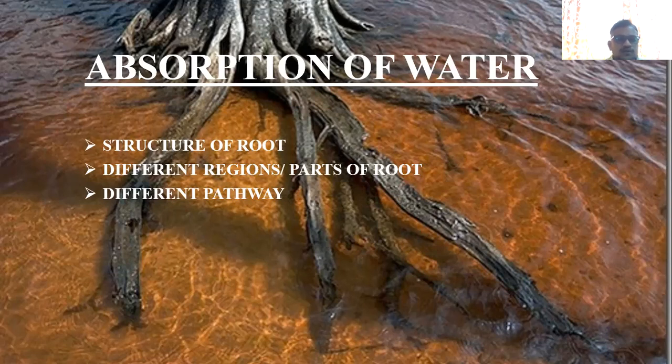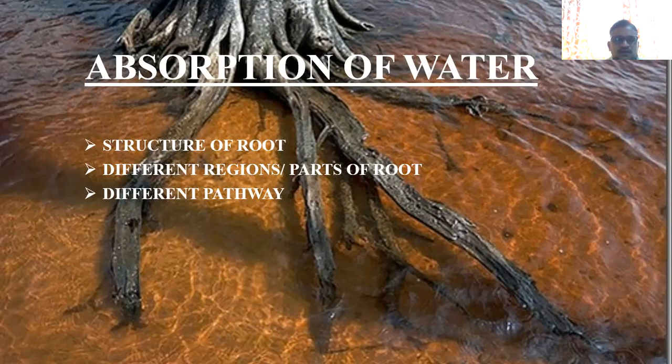So absorption of water is through the root, in which mainly root hairs are involved, and from there the movement of water starts. In higher plants, water is absorbed through root hairs, those root hairs which are in contact with the soil water, in the root hair zone, from where the water is absorbed.